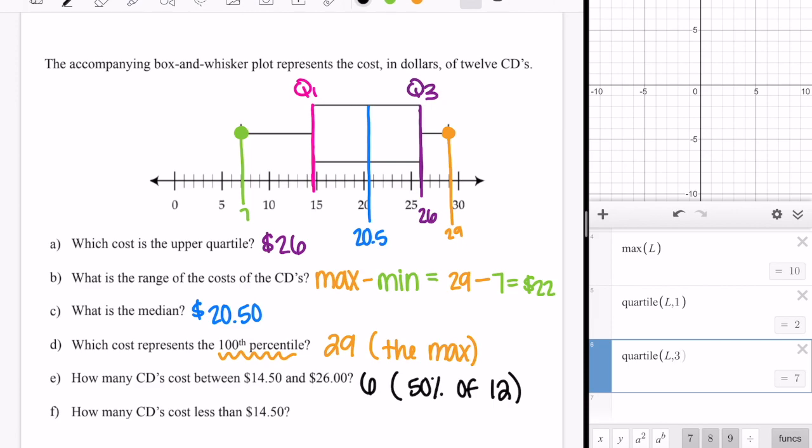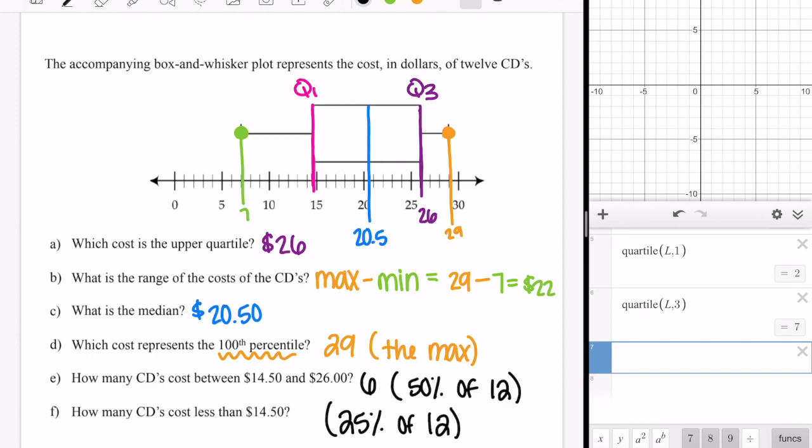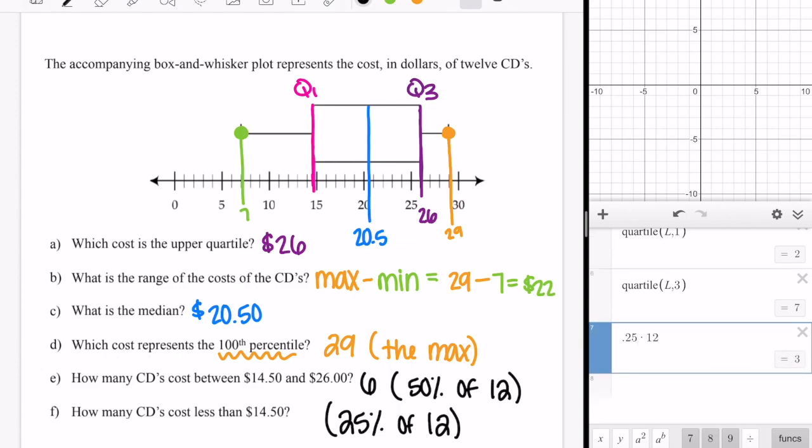So what's 25% of 12? If you are having a hard time doing that in your head, we're doing 0.25, because that's 25%, times 12, which is 3.